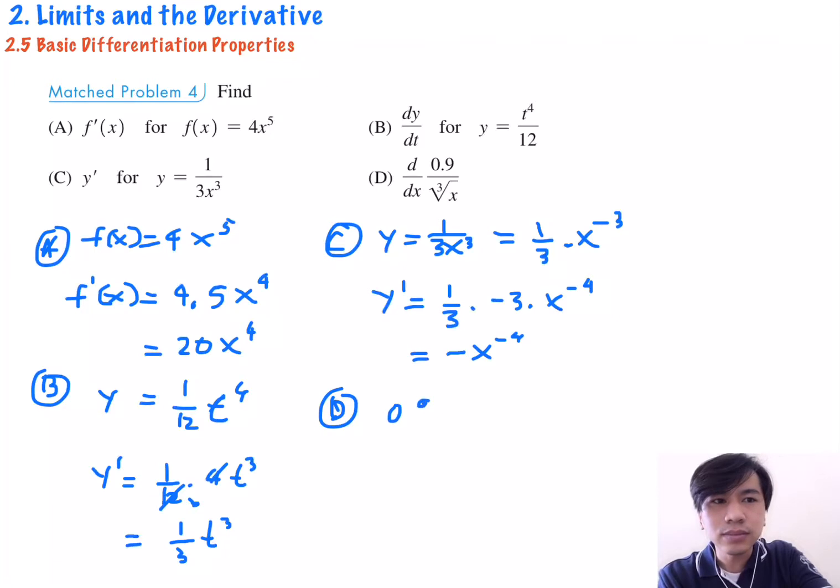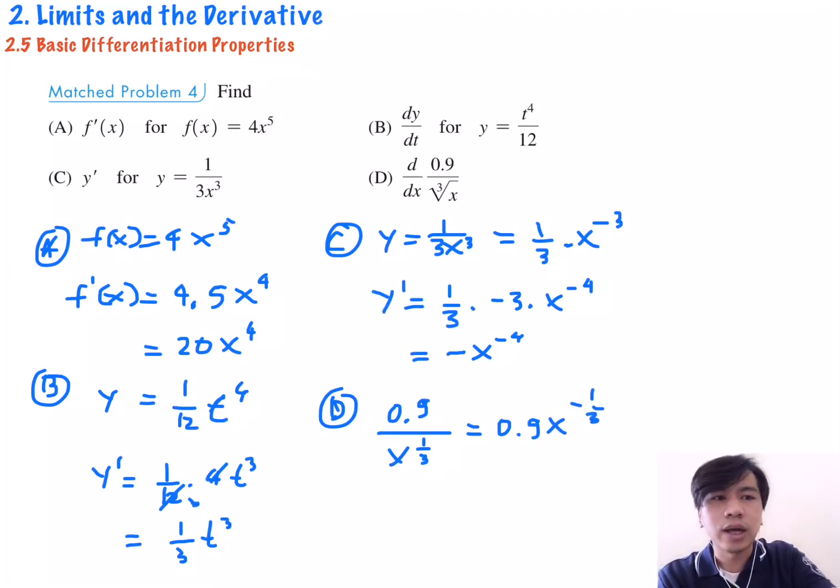0.9 times, in this case, x to the power of 1 over 3, or I can just put it as 0.9 x to the power of negative 1 over 3.